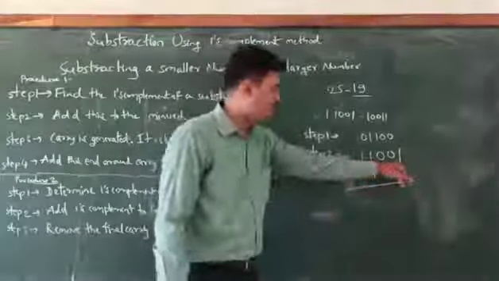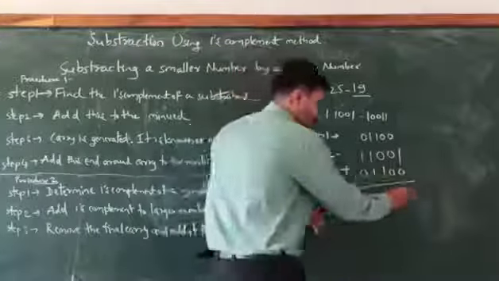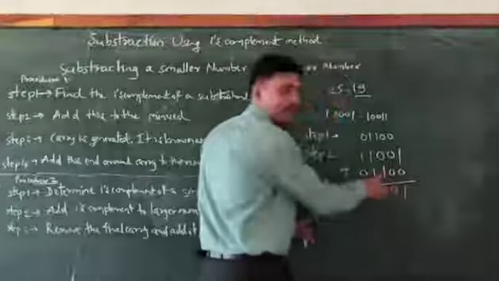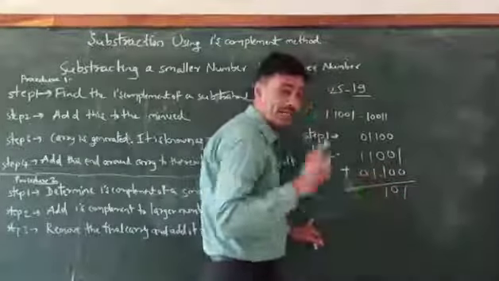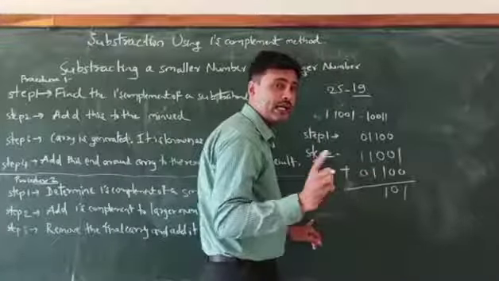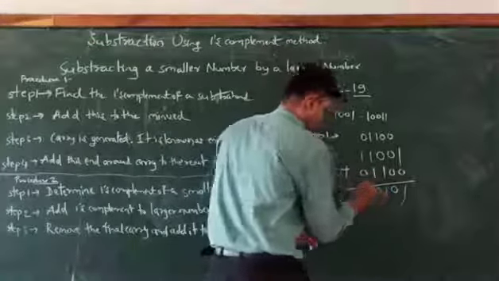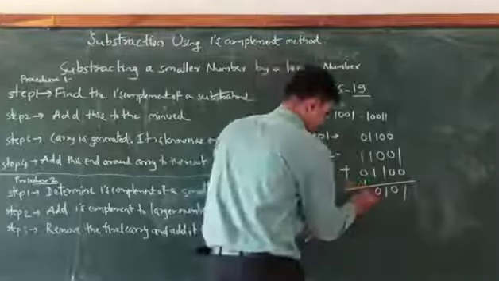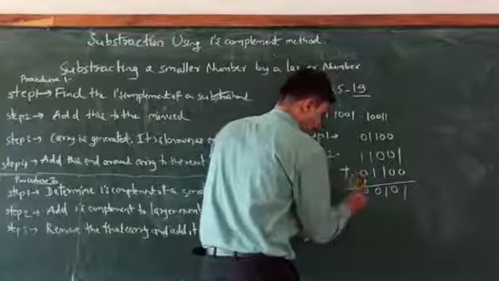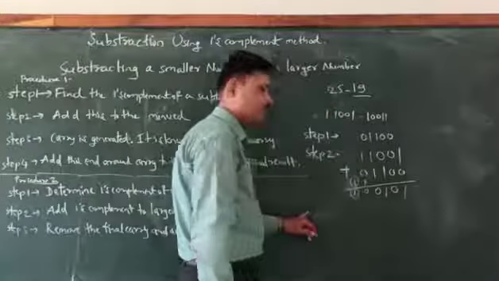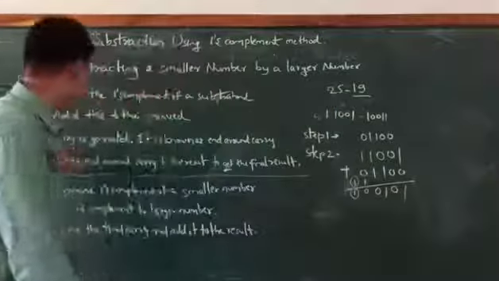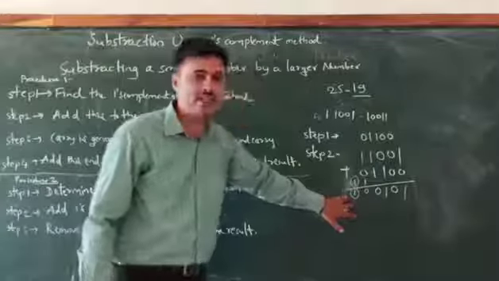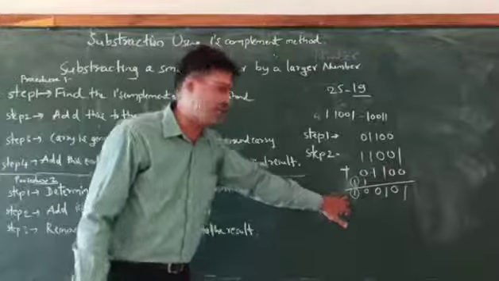Add this: 1 plus 0 is 1; 0 plus 0 is 0; 0 plus 1 is 1; 1 plus 1 is 0 carry 1; 1 plus 0 plus 1 is 0 carry 1. Remember here carry comes here. What is the next procedure? Carry is generated. Yes, carry is generated here. It is known as the end around carry.